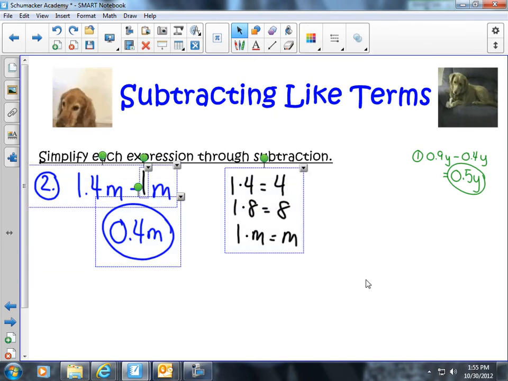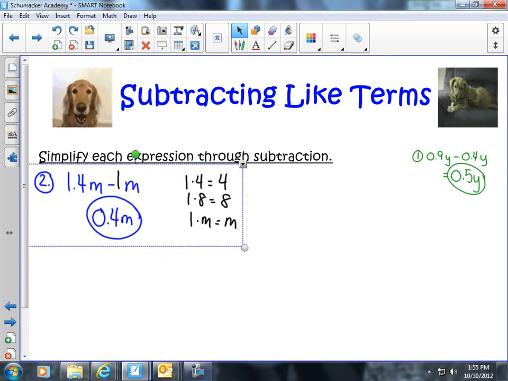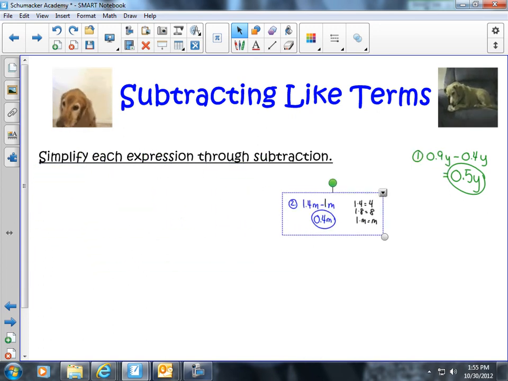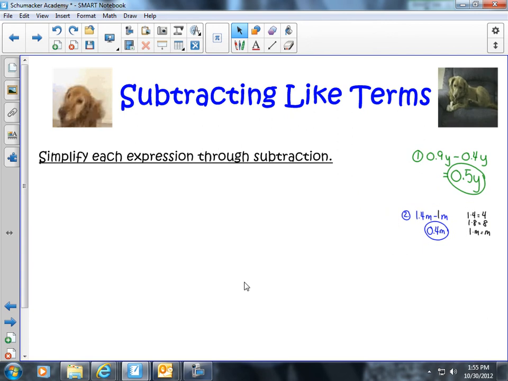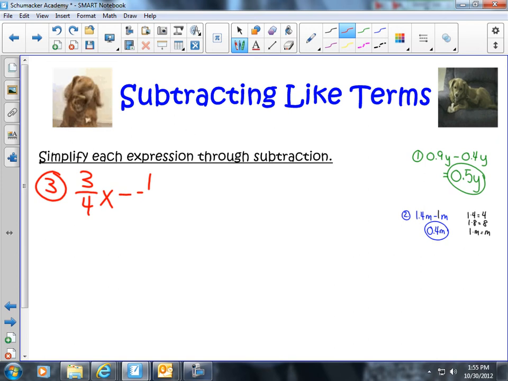All right. Now, sometimes you're going to be dealing with fractions with our terms. So we're going to try one of these problems with some fractions. We'll start off with fractions with like denominators, and then we'll move into fractions with unlike denominators. Let's move our way up. Okay, for number 3, let's have 3/4 x minus 1/4 x.